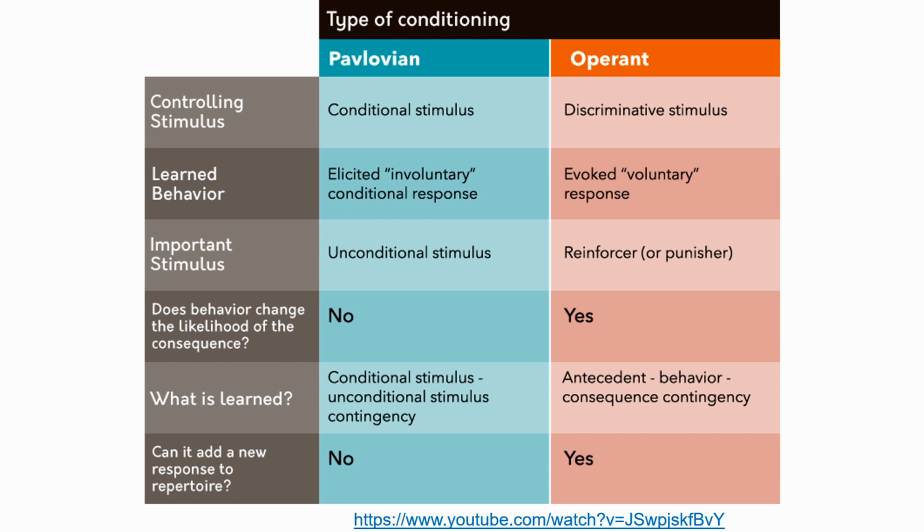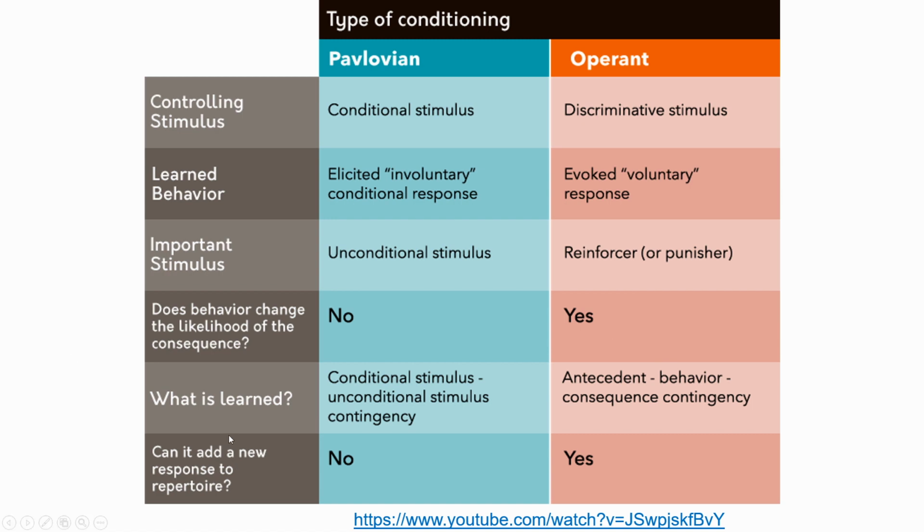In operant conditioning, we're increasing behaviors that lead to good outcomes and decreasing behaviors that lead to bad outcomes. But there's no mention of likelihoods of consequences in Pavlovian or classical conditioning. So if we're talking about likelihoods and consequences, that's a pretty good indicator that we're talking about operant conditioning.